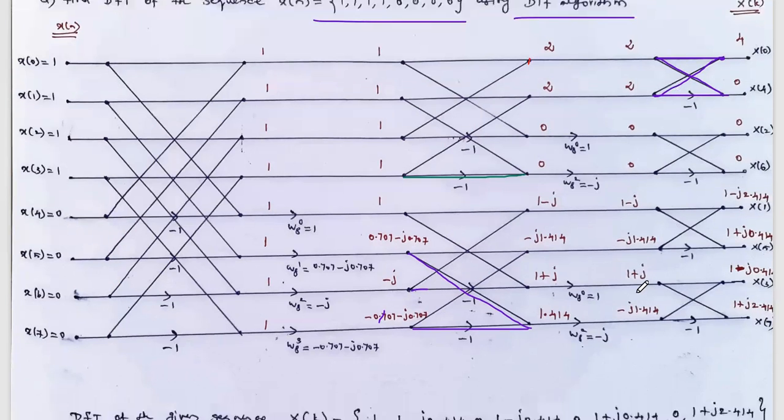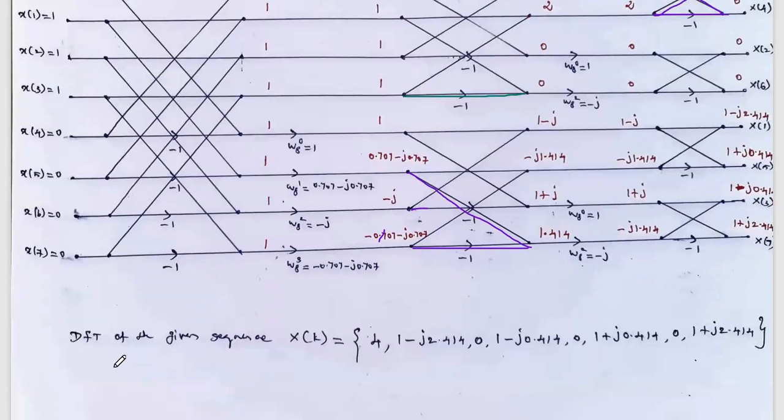Then in natural order, you rearrange and write down the answer. So the DFT of the given sequence is X of k equal to 4, comma, this is X of 0, this is the X of 1 value, this is X of 2, 3, 4, 5, 6, 7. So in natural order, you just write.